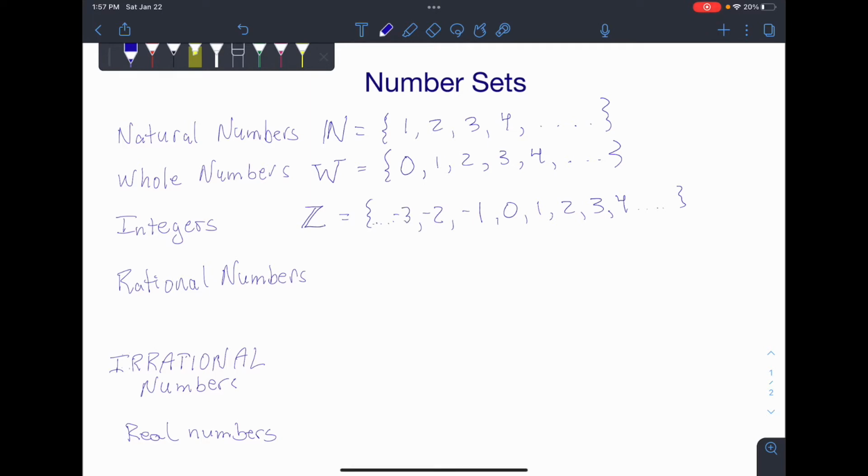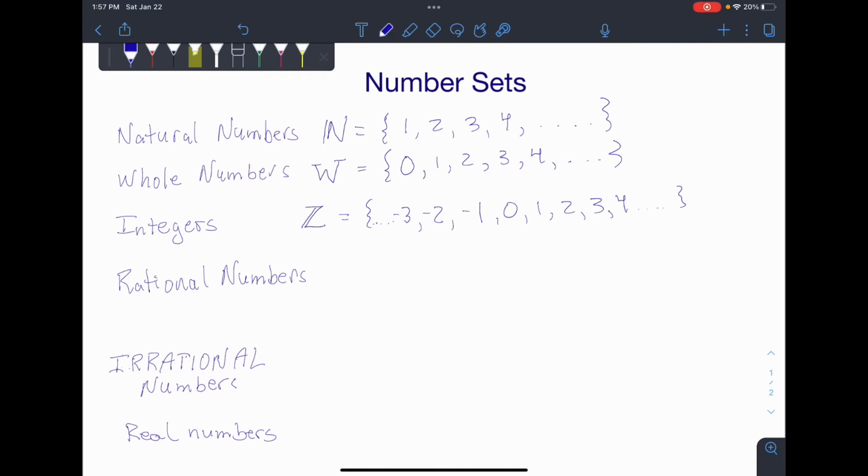And they can go as negative as you want. So these are the integers. Notice, again, the integers consist of the whole numbers, and we've added more, just like the whole numbers consisted of the natural numbers.